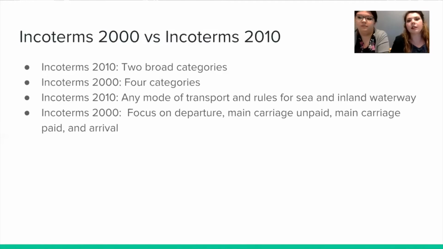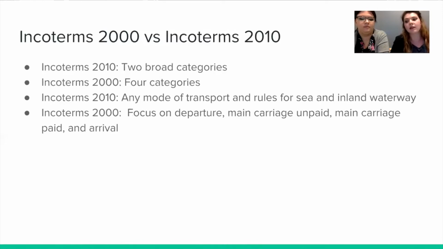So for Incoterms 2000 versus Incoterms 2010, Incoterms 2010 rules are divided into two broad categories, while Incoterms 2000 are divided into four categories. The Incoterms 2010 have rules for any mode of transportation and rules for sea and inland waterway transport.